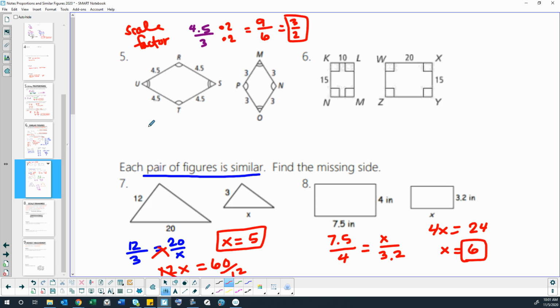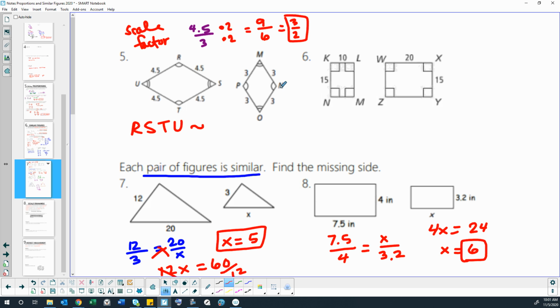These aren't triangles, so I'm not going to draw a triangle. I'm just going to name them. So let's see, RSTU is going to be similar, and resist the urge to just go alphabetically, which is what I did on this one, because they may not match up. If I go alphabetically, it would be MNOP. But M doesn't go with R, because R is a bigger angle than M is.